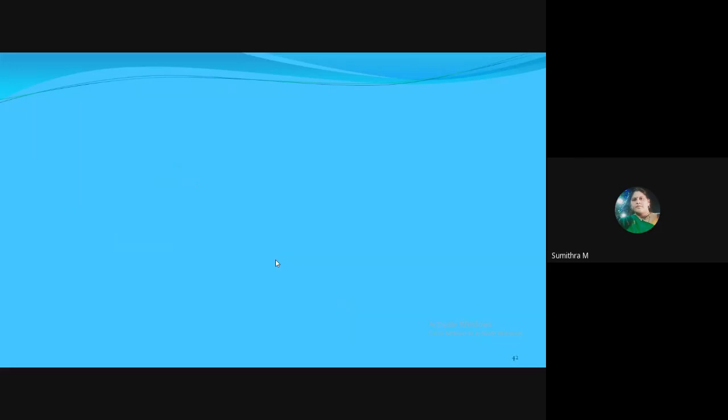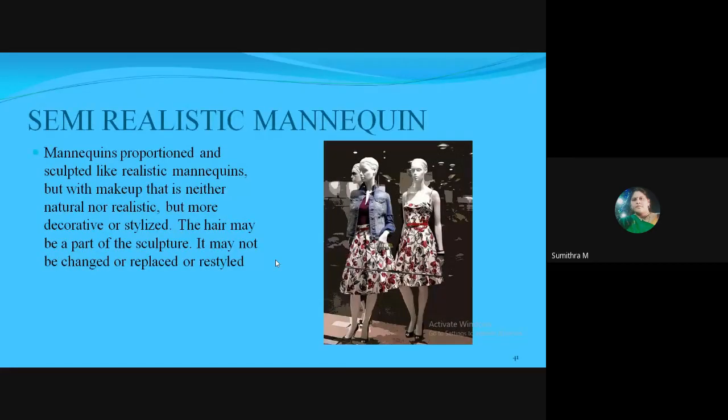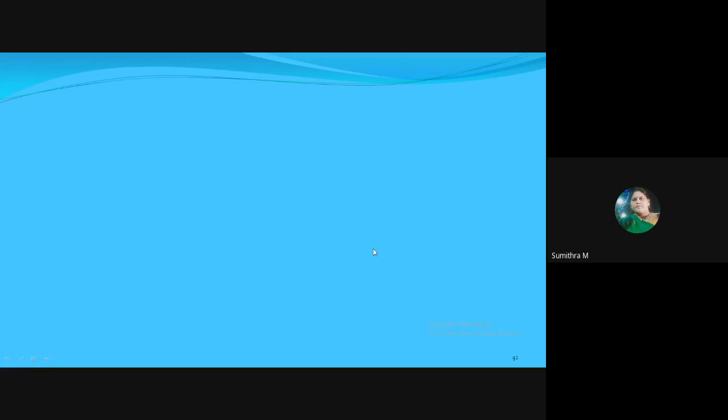Semi-realistic mannequin: half will be in a real form, half is not in a real form, or it may be in a decorative or stylized form. In this mannequin, the head part is sculptured. The remaining parts look natural. So they are able to identify it is not a human being, it's a mannequin.